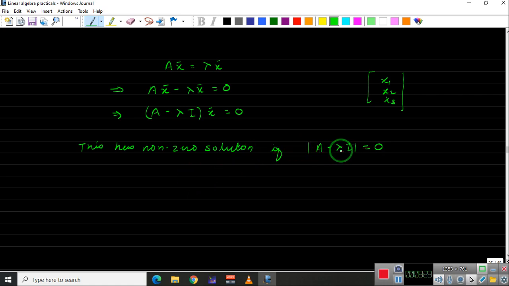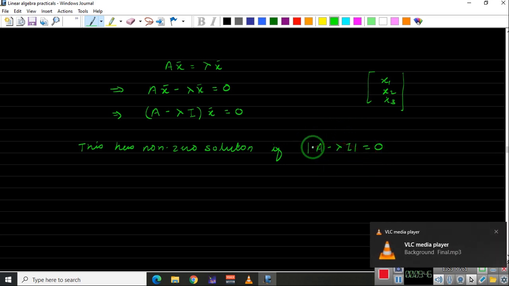We know what A is, we know how to get this determinant, put that equal to 0, and then we will find the values of lambda. This equation is called the characteristic equation.